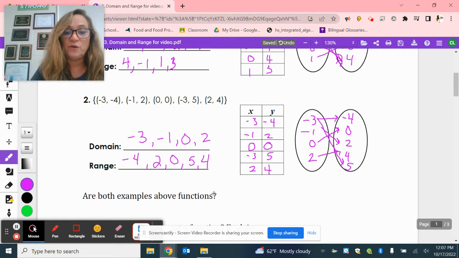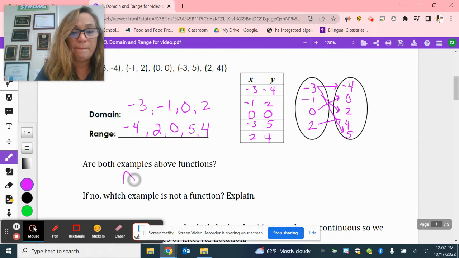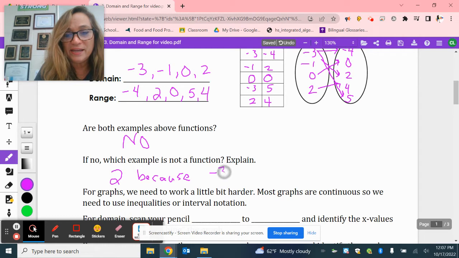The question below says, are both examples above functions? No. If no, which example is not a function? Example 2. And I just really want to say, and I apologize for my handwriting, -3 has 2 outputs.